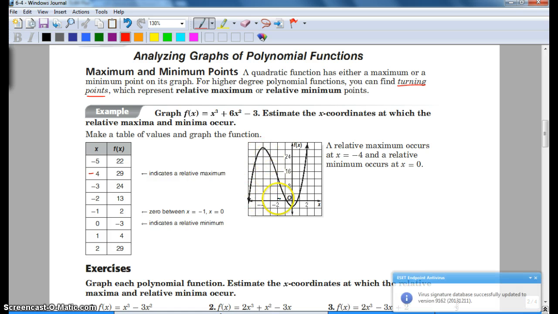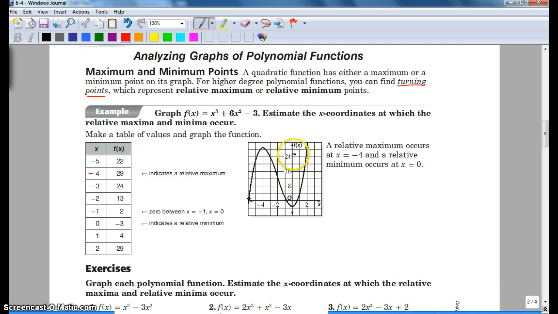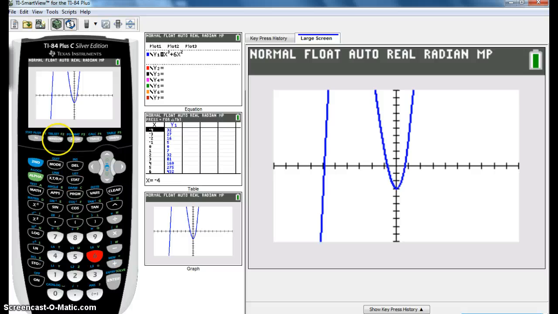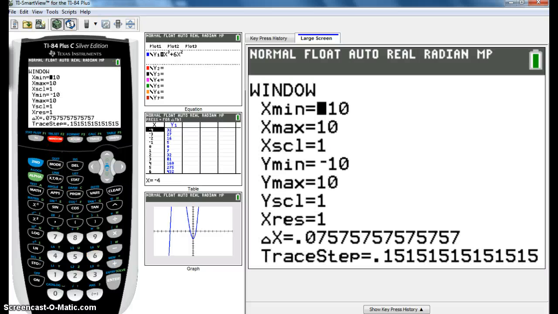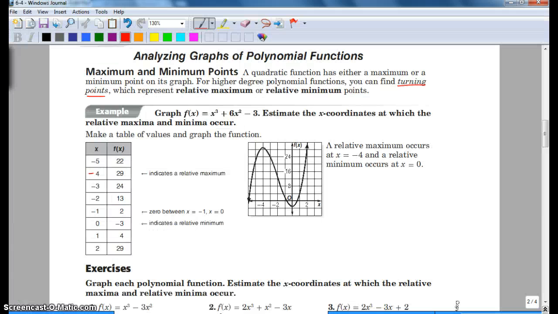Now, as you can see here, they stretch their y-axis up to what appears to be, if they're going up by 4, 8, 12, 16, 20, 24, 28, 32. So I'm going to do that as well by hitting my window button. And my x min and max, they went only to negative 6, it appears here.